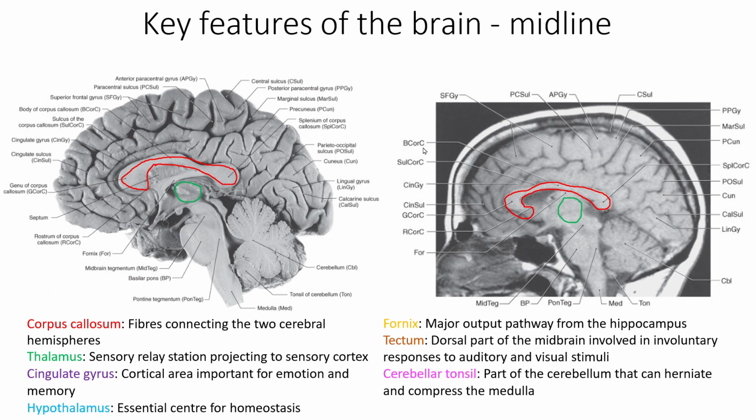Next, let's find a structure called the cingulate gyrus. Now, the cingulate gyrus is very important for memory and emotion, and it sits once again at the midline.